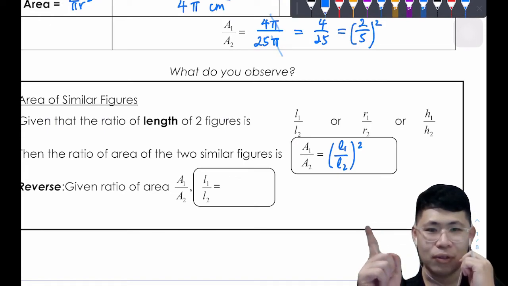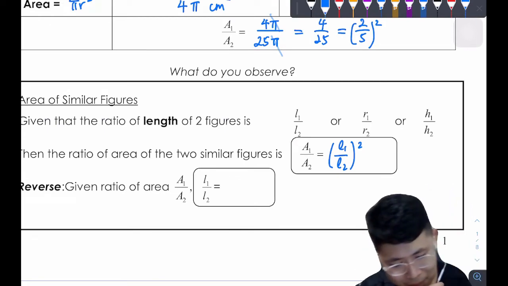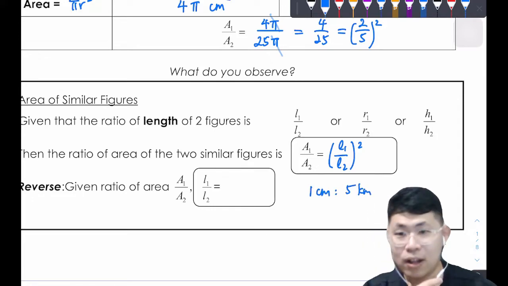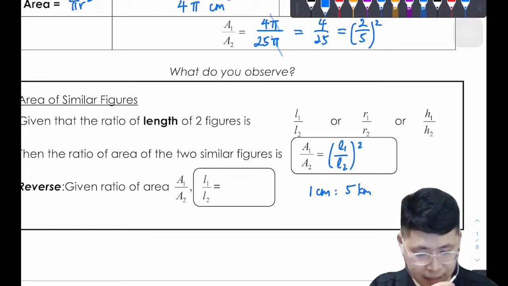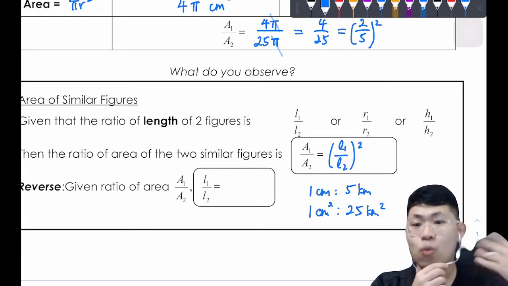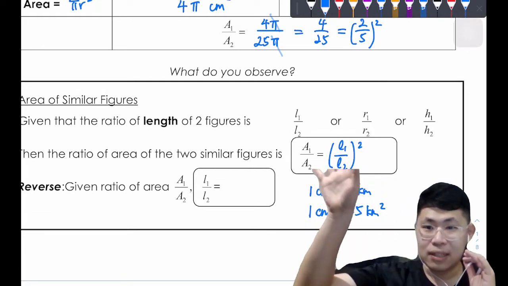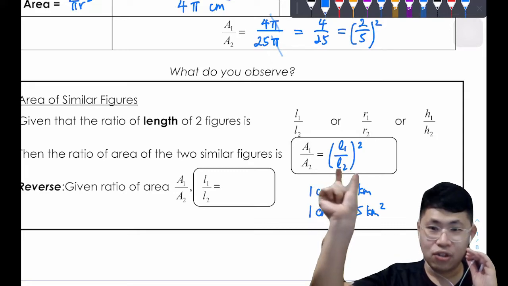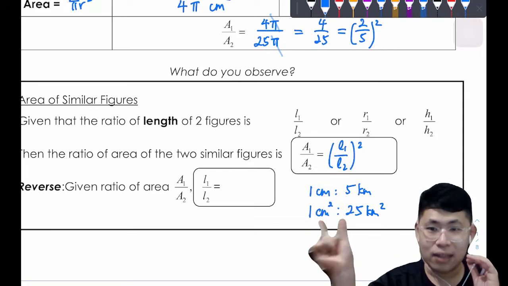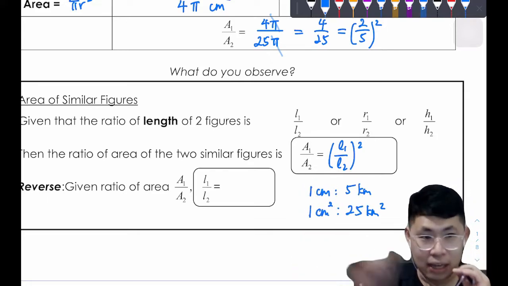It happened last year when we were doing map scale. Remember the map scale when we have 1 cm is to 5 km, correct? When we want to convert to an area scale, it is 1 square cm to 5 square km. We square the whole thing. So similarly here, when we square the ratio of the length, it becomes the ratio of the area.